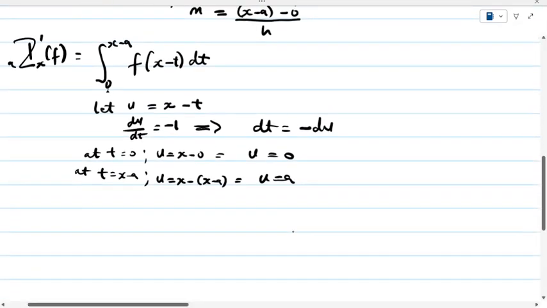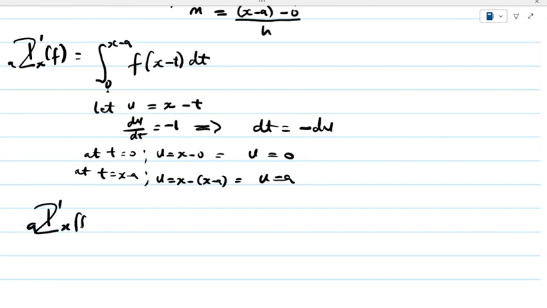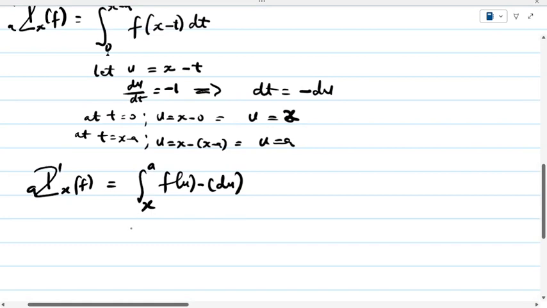So substituting these terms, we are going to have our integral when alpha equals 1. When t equals 0, we have u equals x, pardon. So we have the integral from x to a of f of u times minus du. Because of that negative, we are going to have the integral from a to x instead of x to a.